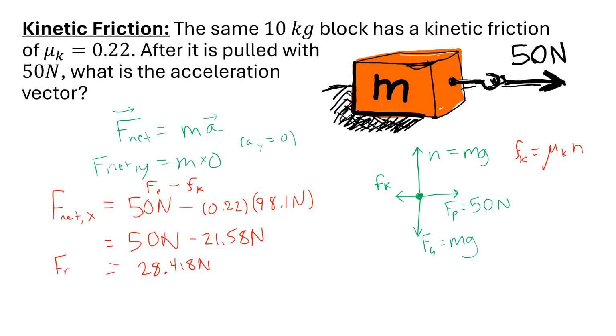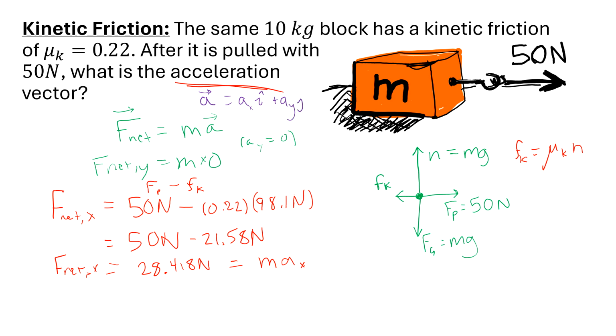But Newton's second law says that this has to be equal to mass times acceleration in the x. And so don't forget that our goal was to look for the acceleration vector, which means that I'm looking for something that looks like this: a vector equals something ax i hat plus ay j hat.